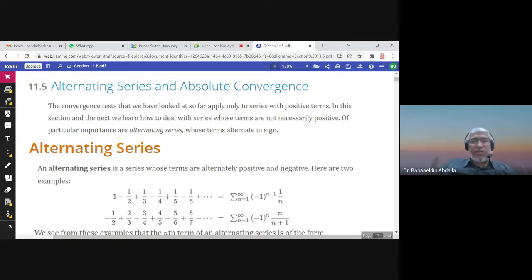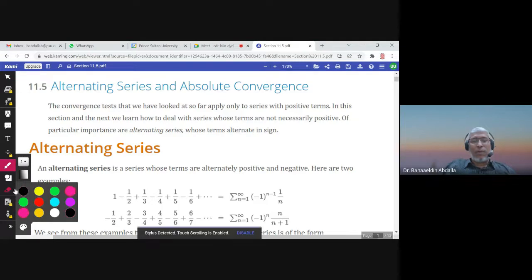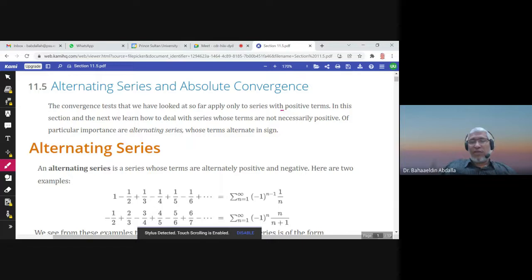This is section 11.5, alternating series and absolute convergence. We will talk about this video about the alternating series test. The convergence tests that we have looked at so far apply only to series with positive terms.